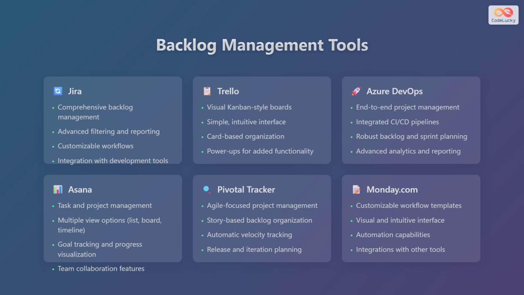Azure DevOps offers end-to-end project management, integrated continuous integration and continuous delivery pipelines, robust backlog and sprint planning, and advanced analytics and reporting. Asana provides task and project management, multiple view options like list, board and timeline, goal tracking and progress visualization, and team collaboration features.